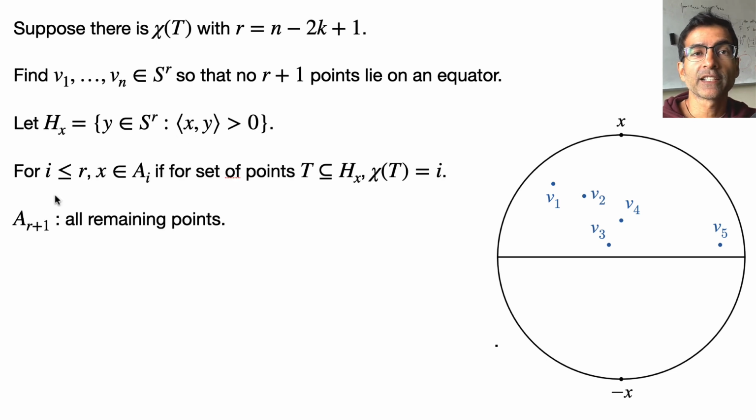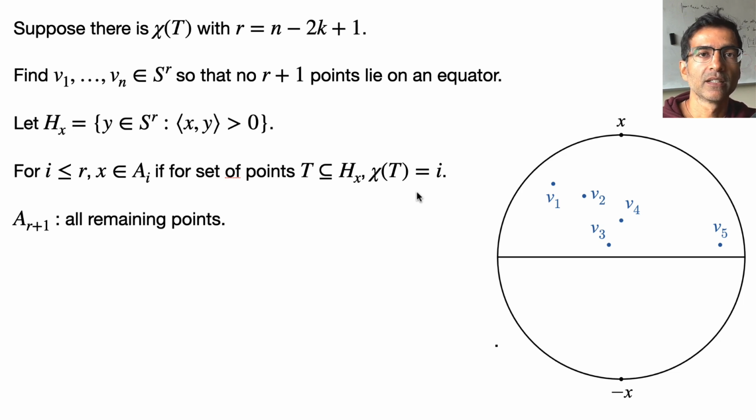And now I will define a collection of sets A1, A2, A3, and so on, where the set Ai will contain exactly those x which have the feature that there's some subset T of points that lie inside h of x and are colored with the ith color.